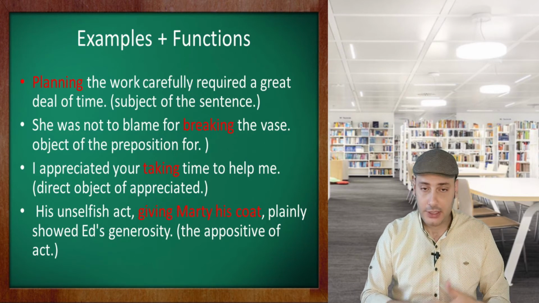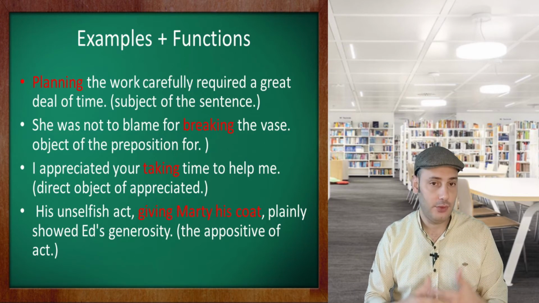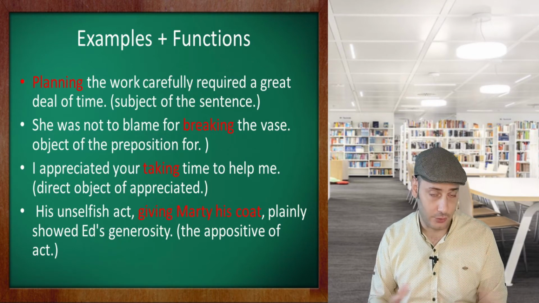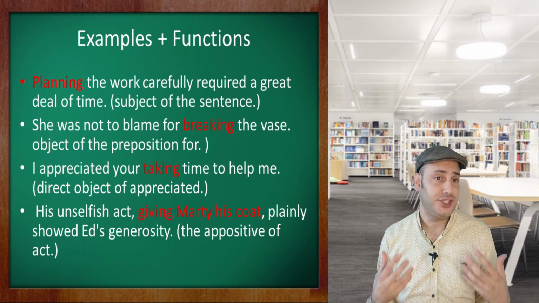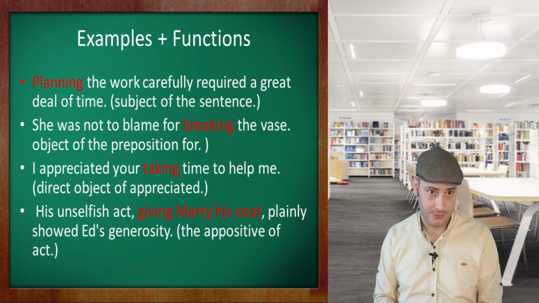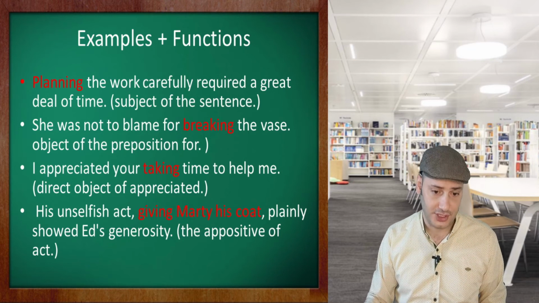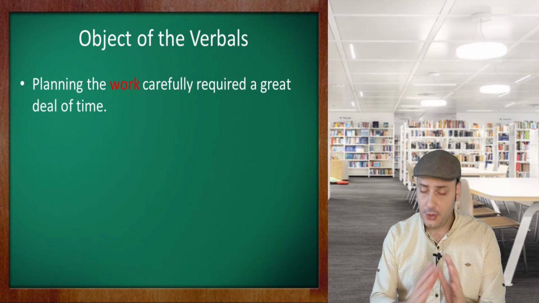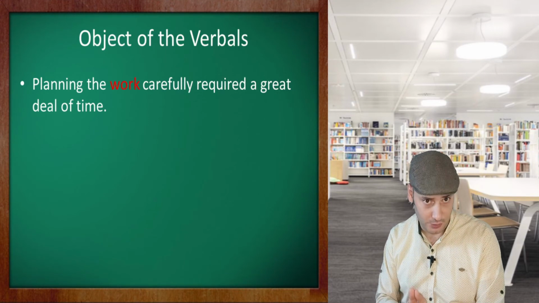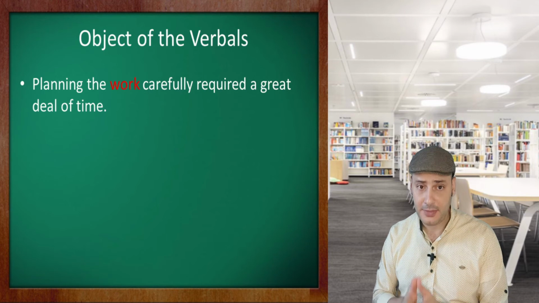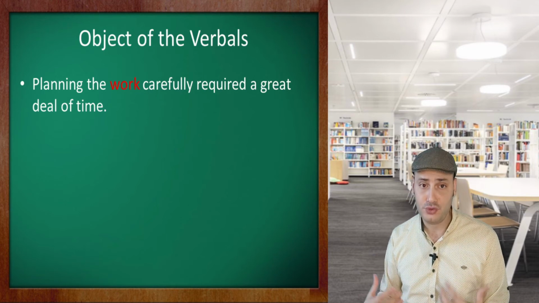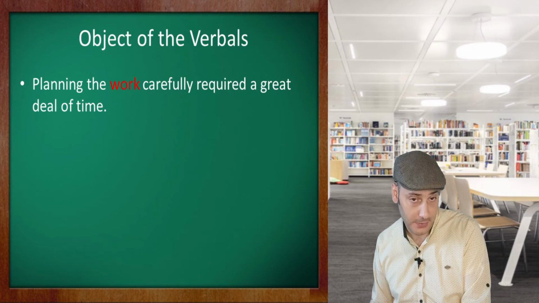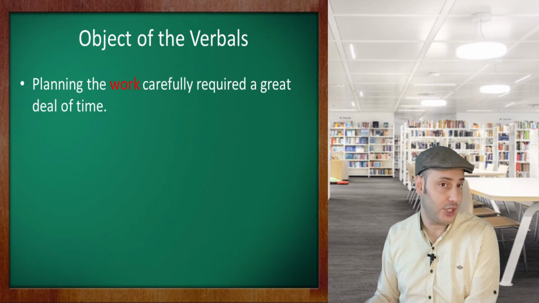Now, I've just explained how the verbals function as a noun, but how can we deal with them as verbs? And this is what we're going to see now. Object of verbals: though they function as a noun, we deal with them as a verb when we want to add an adverb or when we have an object with them.